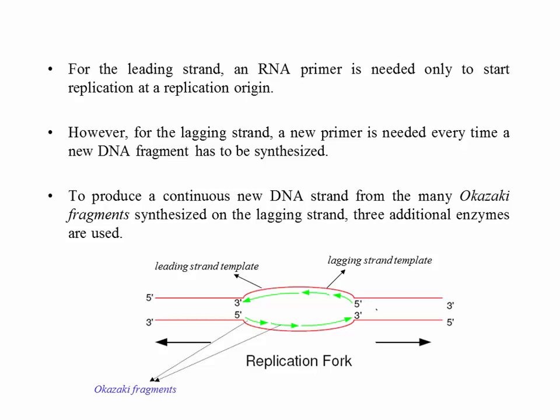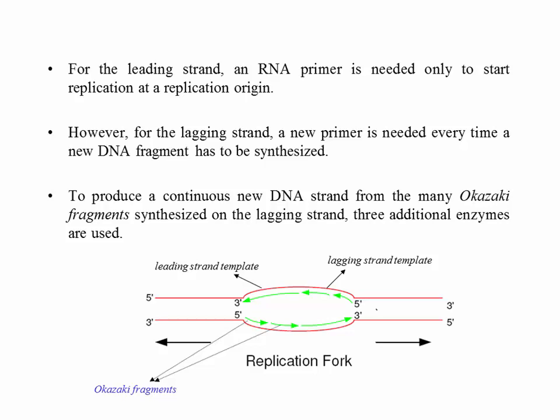So on this slide, we make the observation that an RNA primer on the leading strand is needed only to start the replication at a replication origin. However, for the lagging strand, a new primer is needed every time a new DNA fragment has to be synthesized, right? And to produce a continuous new DNA strand from these many Okazaki fragments synthesized on the lagging strand, 3 additional enzymes are used.